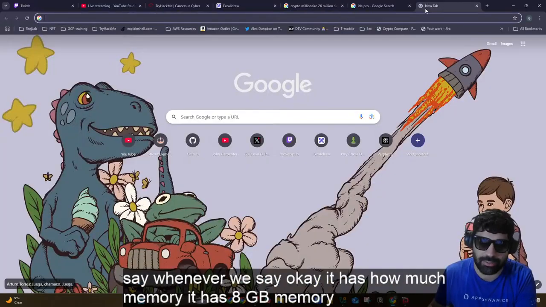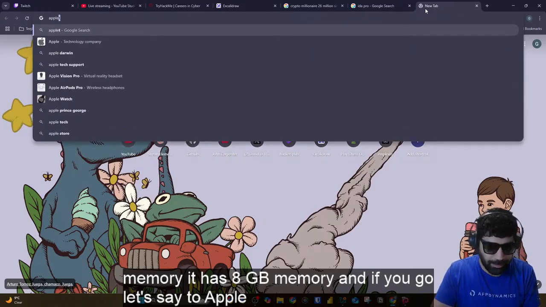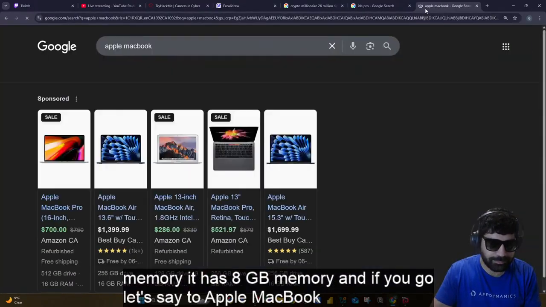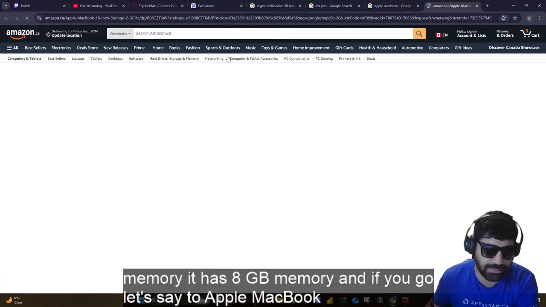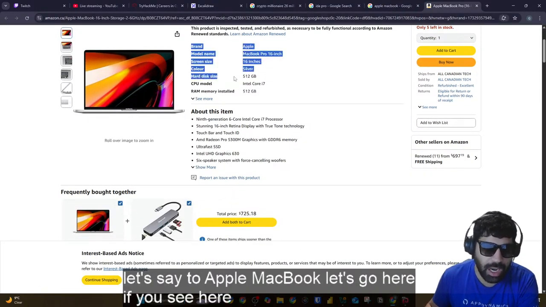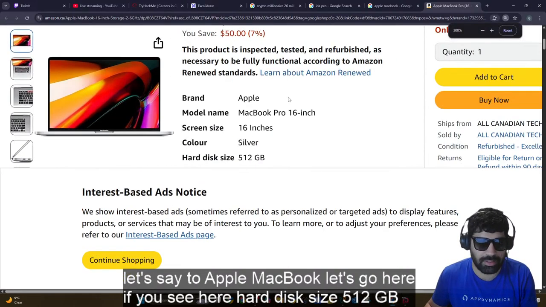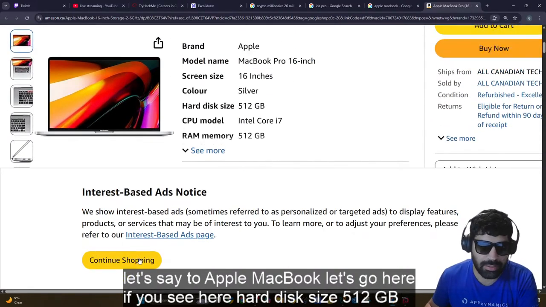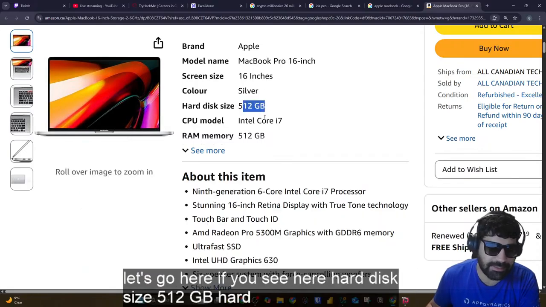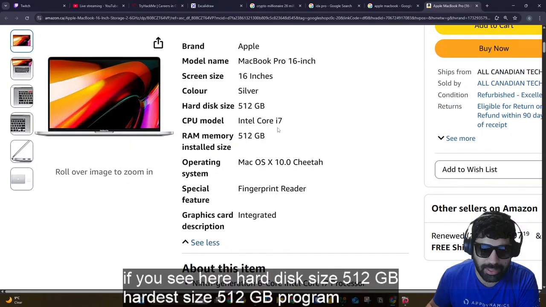And if we go, let's say, to Apple MacBook, let's go here. If you see here, hard disk size 512 GB. Oh, RAM memory? That's a big one.